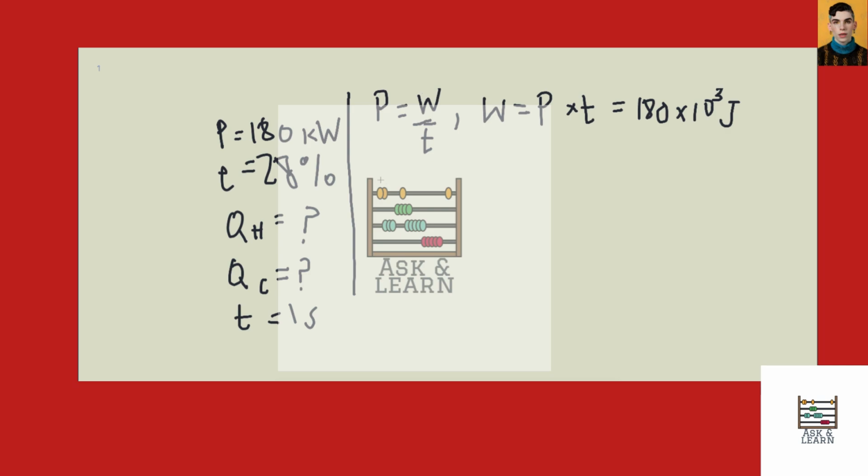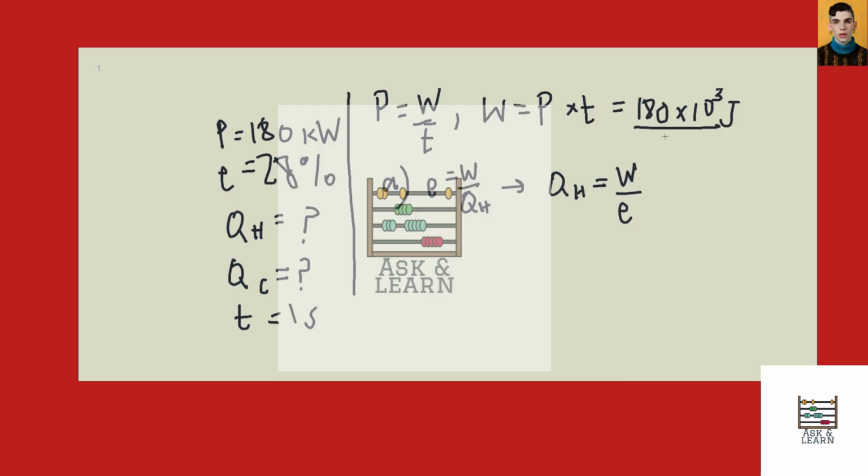Okay, so once you get that, the rest of the problem is basically plugging it into the heat engine formulas. The first question asks for the Q hot. We want to use E equals work over Q hot, which implies that Q hot is work over efficiency.